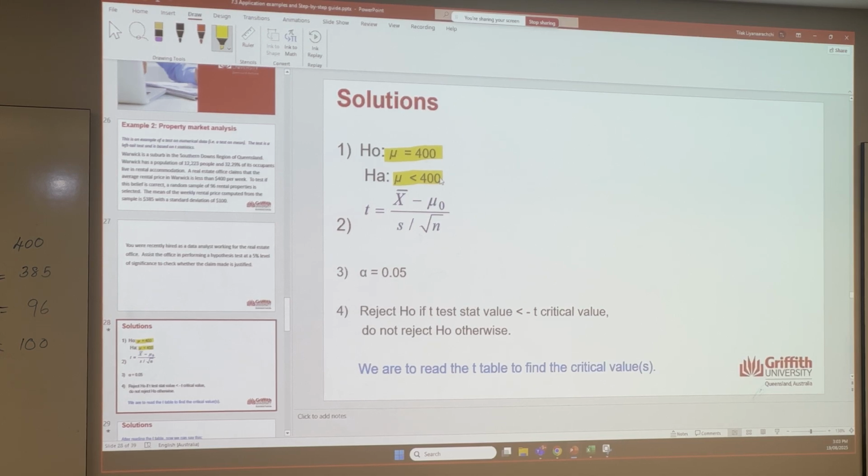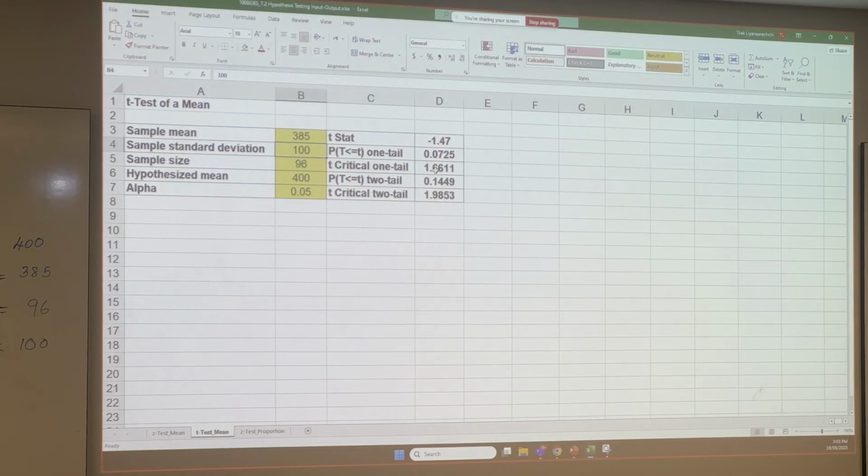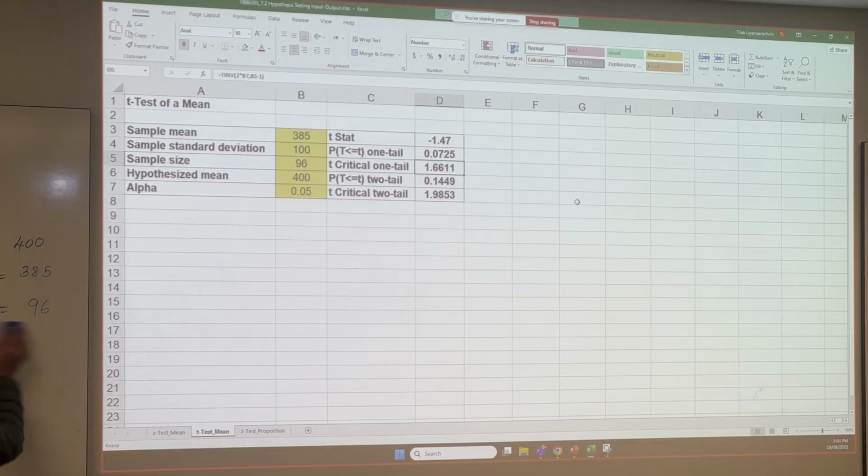So if they use less than 400, you have to use this one-tail critical value, 1.66. Less than means you have to use your left hand side.